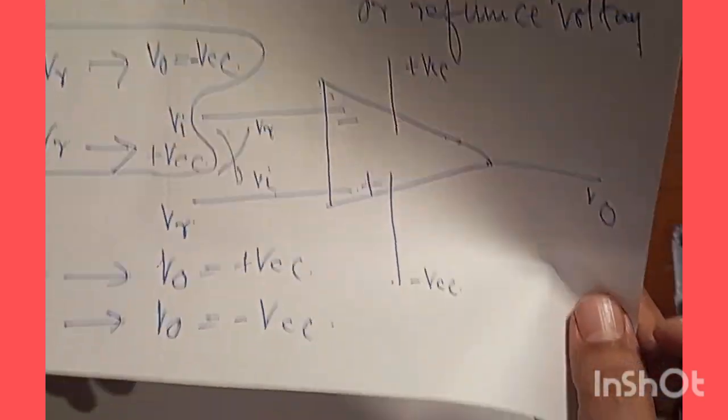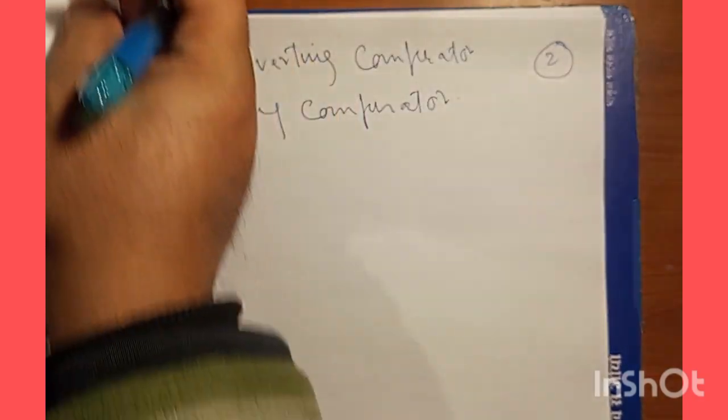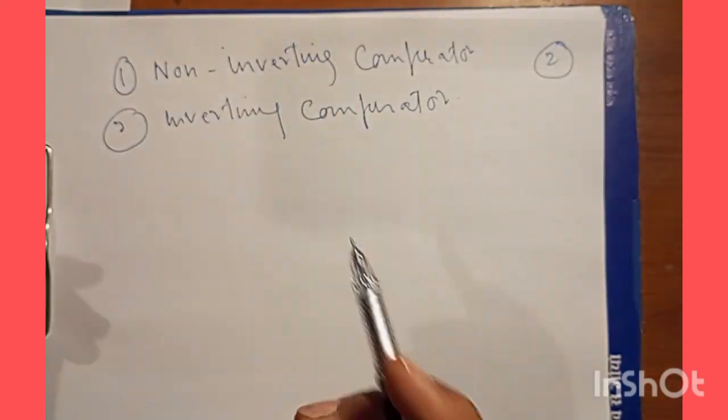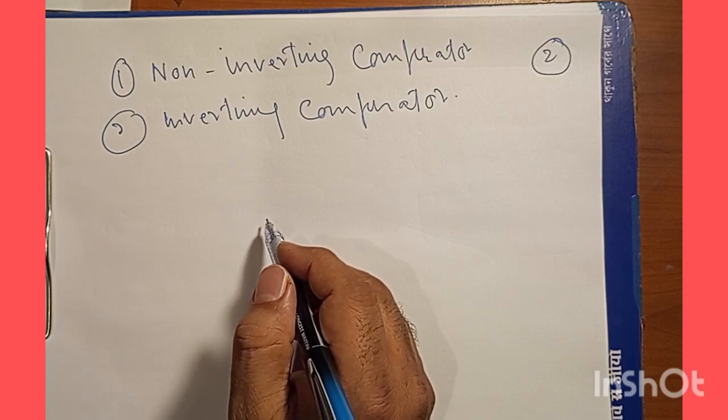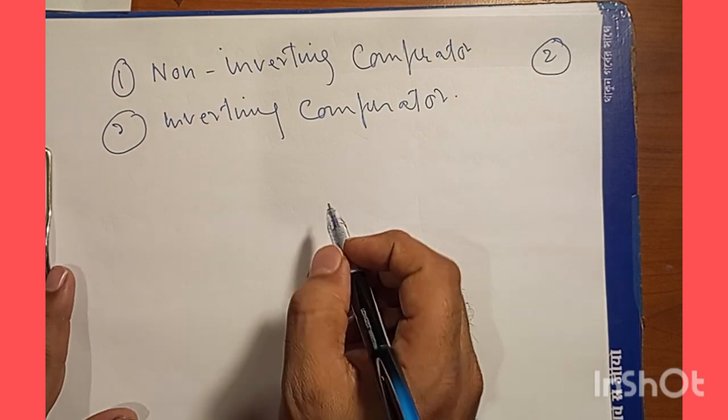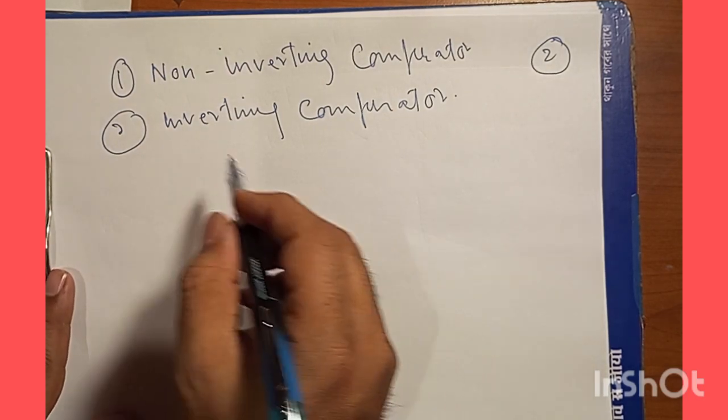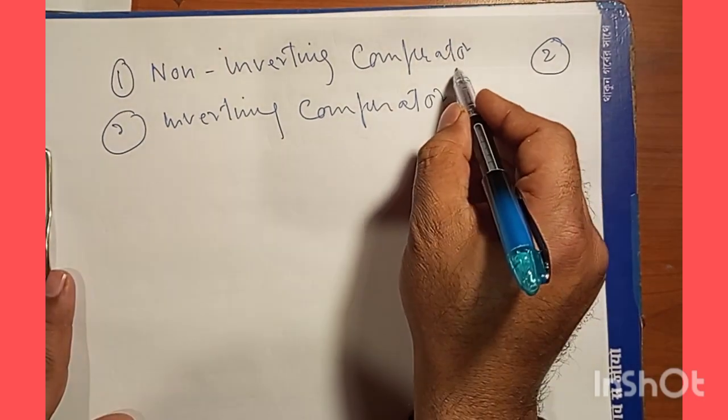Now, moving on, we have to go with the non-inverting comparator.